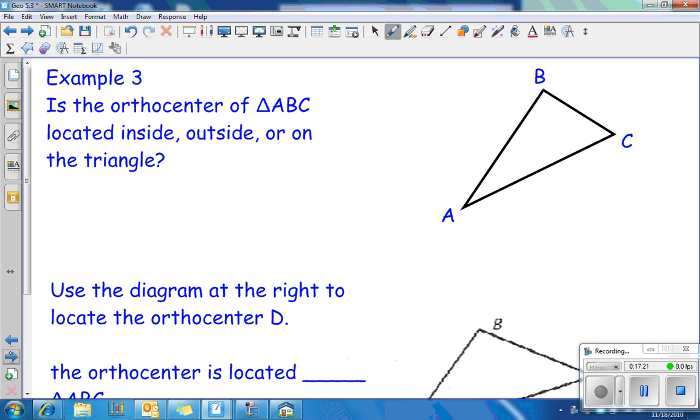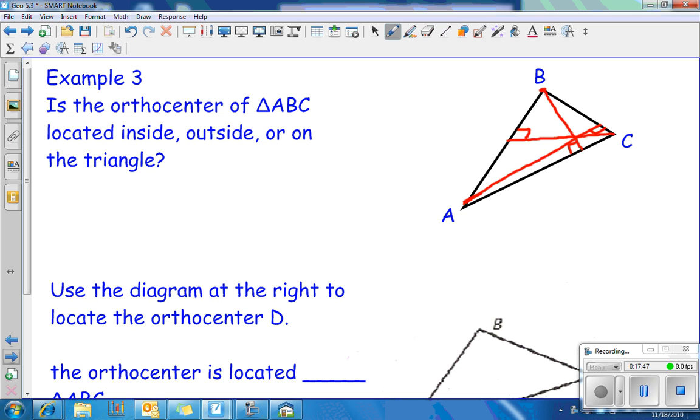So, like this one here, from my vertex straight down, making a 90-degree angle. Okay. And then this one, straight down, make it a 90-degree angle. And then this one, straight down, make it a 90-degree angle.